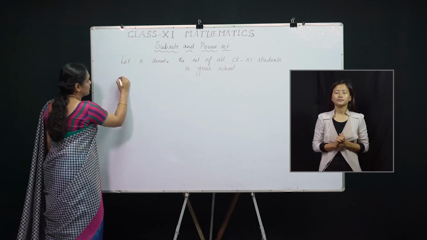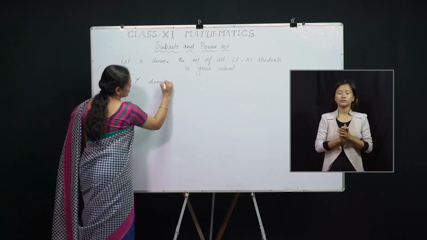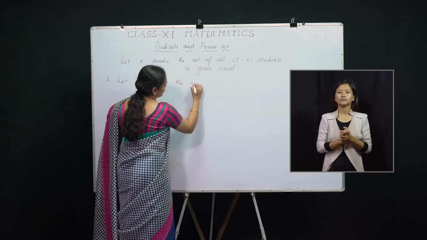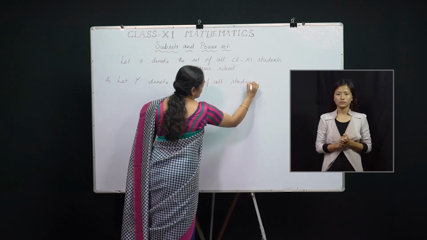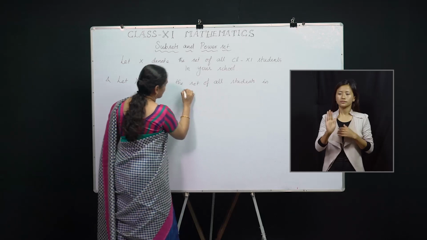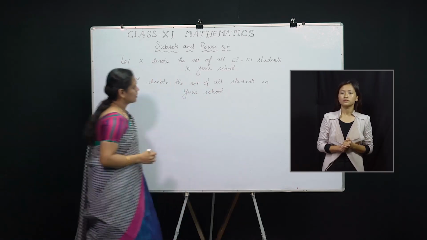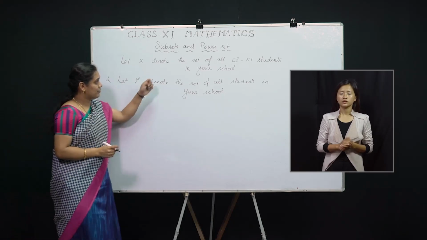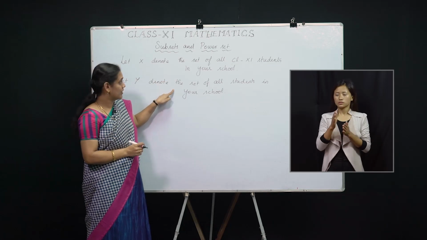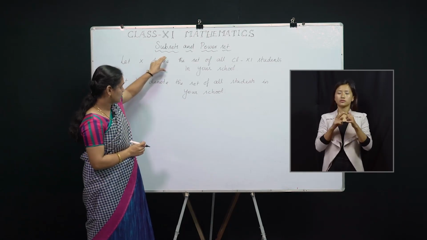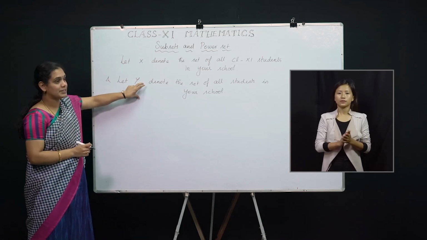And let Y denote the set of all students in your school. I am sure that every student of this set will also be a student in this set also, right? We count them here also. So all the elements in this set will also be an element in this set.